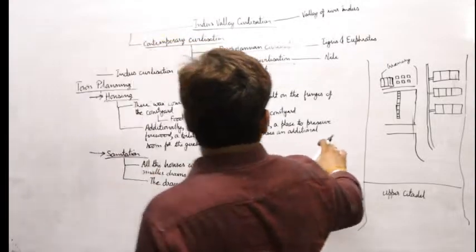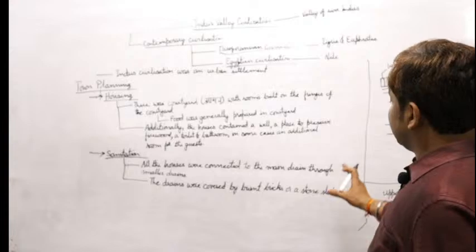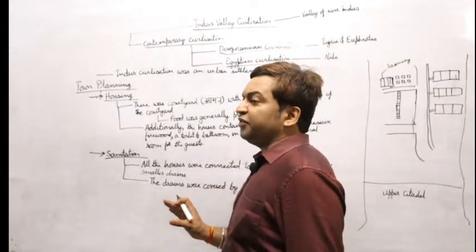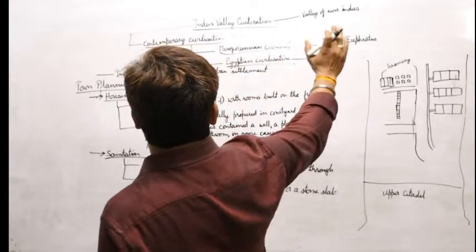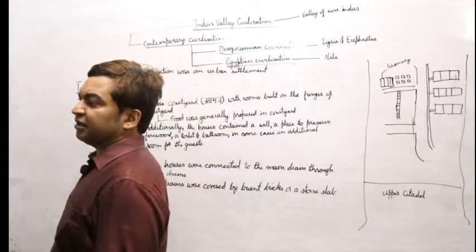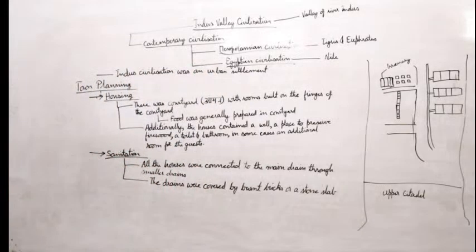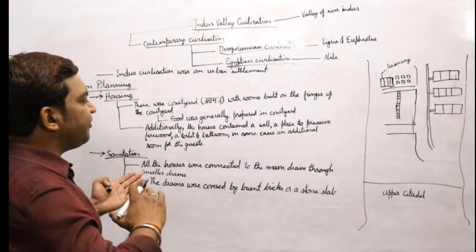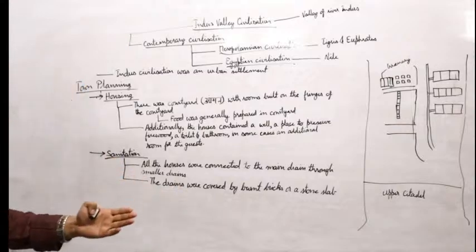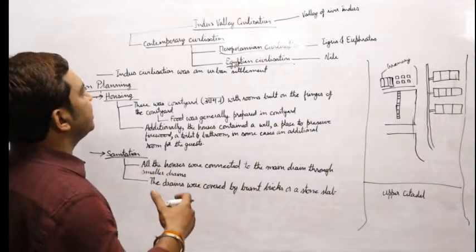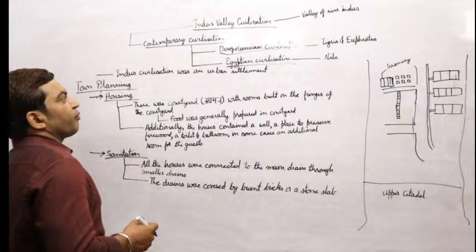Now, surprisingly, this elaborate and very crucial feature is not to be found in either of these two civilizations, Mesopotamian civilization and Egyptian civilization. They lacked a very developed sense of sanitation, or you can say they lacked a very developed sanitary system.